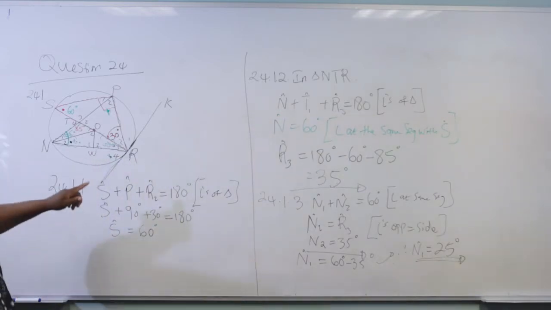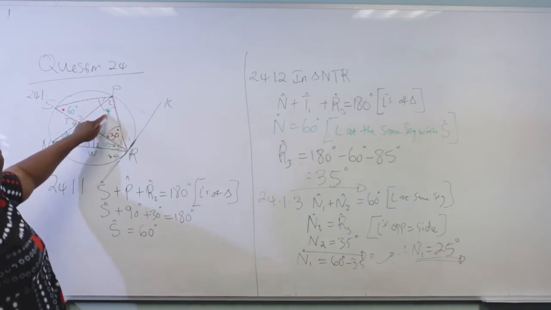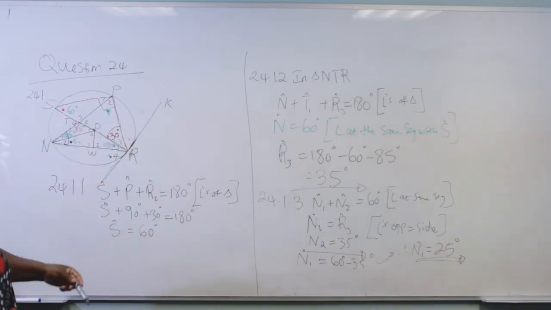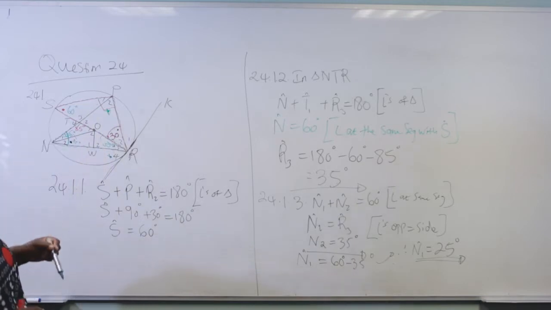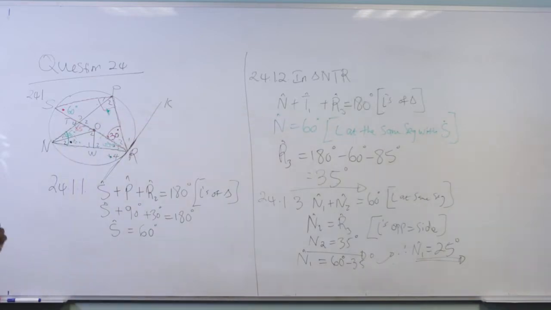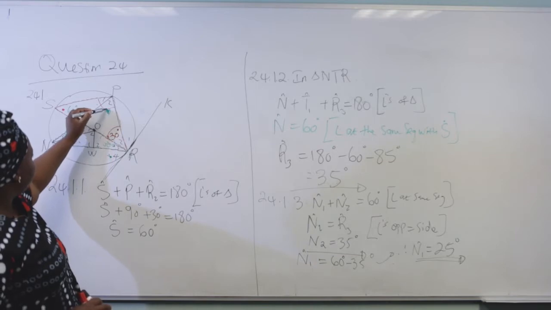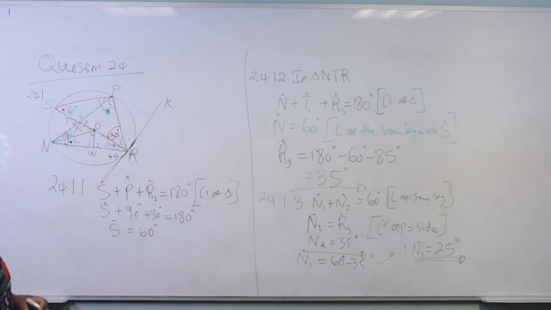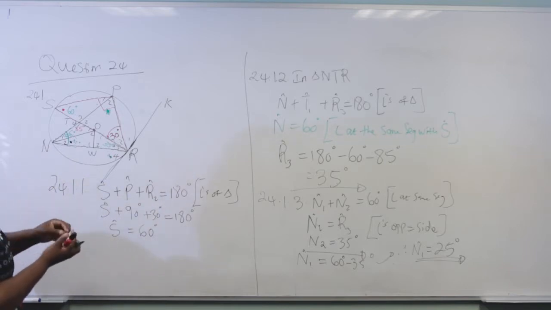But we need to find angle P2 alone without angle P1. But we know that P1 and P2 is actually equal to 90. So we want to find this one alone, for which we can use triangle NPR.